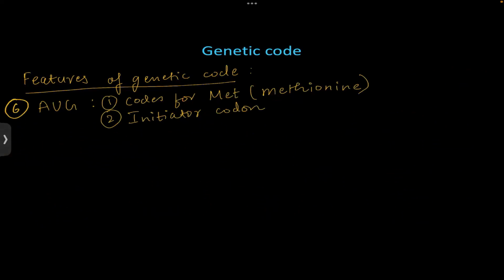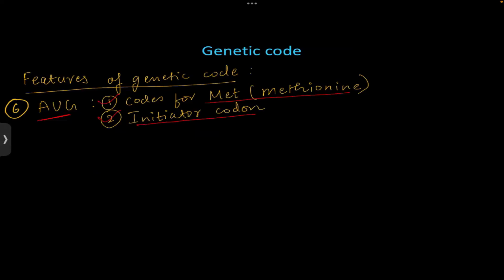Now, another feature is that AUG, this codon, has a dual role. One, it codes for the amino acid methionine, and second, it is also called the initiator codon.